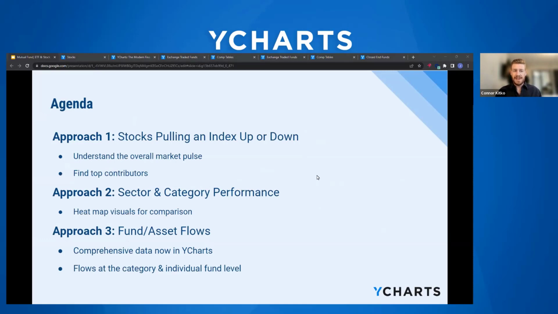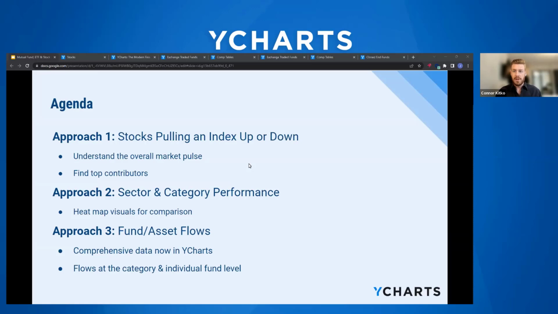We're also going to dig deep into sector and category performance to identify what sectors are dragging or lifting the market, and what names within those sectors, or on the fund side categories, are driving the action. And then finally, our third approach, we're going to look at fund flows or asset flows.